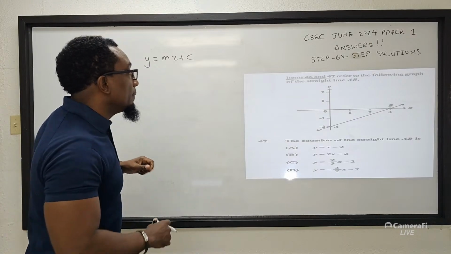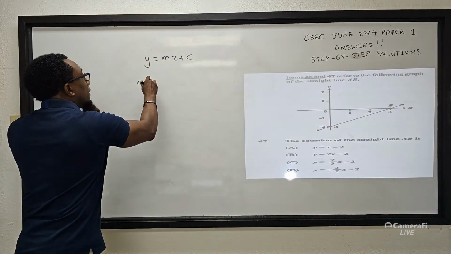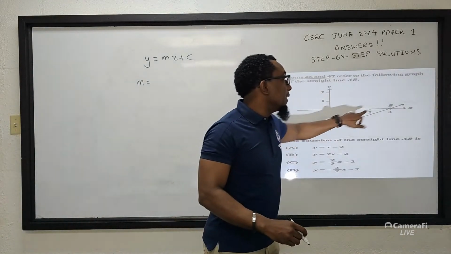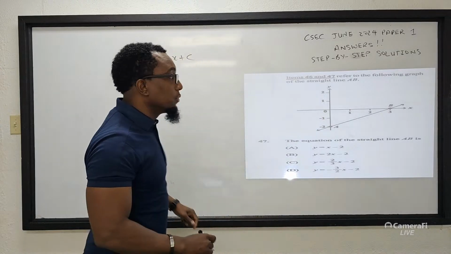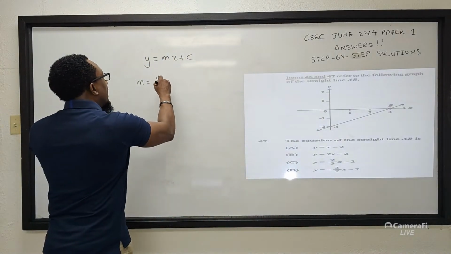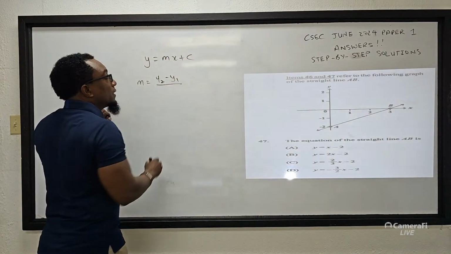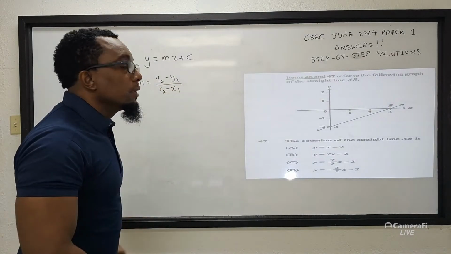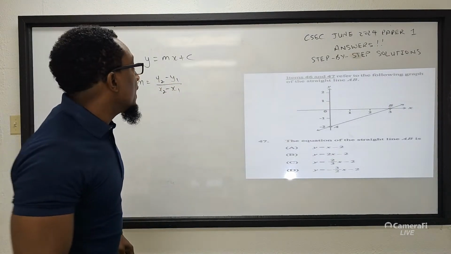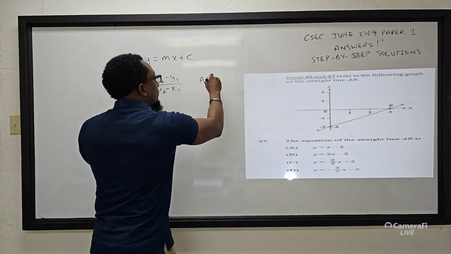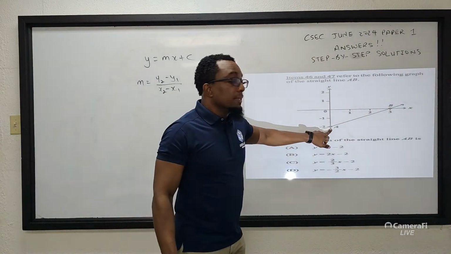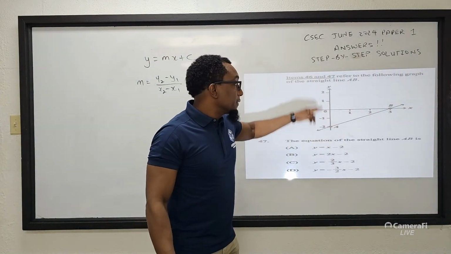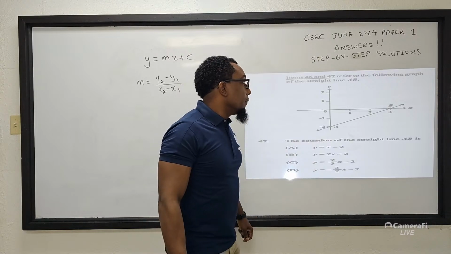So to find m, we're going to use the formula. We have 2 points on the line that we can comfortably use. We have the coordinates of those 2 points. So we can use y subscript 2 minus y subscript 1 over x subscript 2 minus x subscript 1. We have A, which meets the vertical or the y-axis.